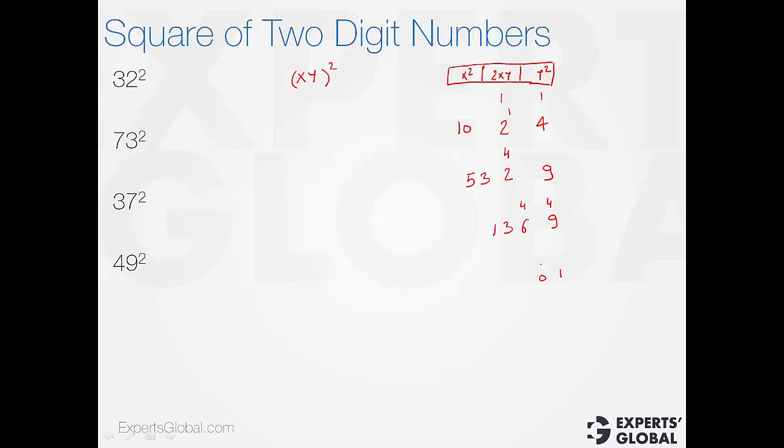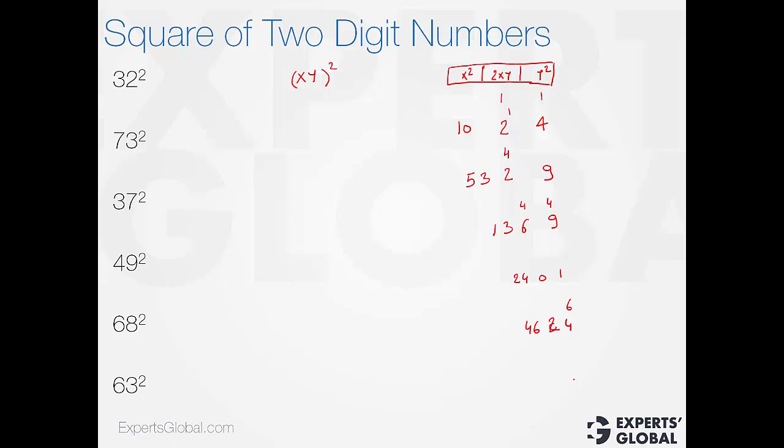And 4 square is 16, 16 plus 8 carry becomes 24, 2401. 68 square, 4 comes here, 6 carry. 2 into 6 into 8 is 96, 96 plus 6 is 102. So 102, so 2 comes here and 10 carry. 6 square would be 36. 36 plus 10 carry would be 46. It's 4624.